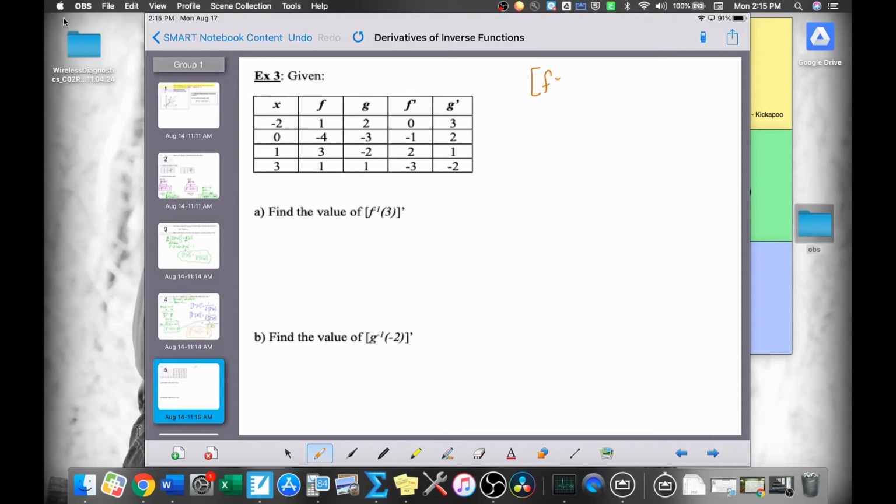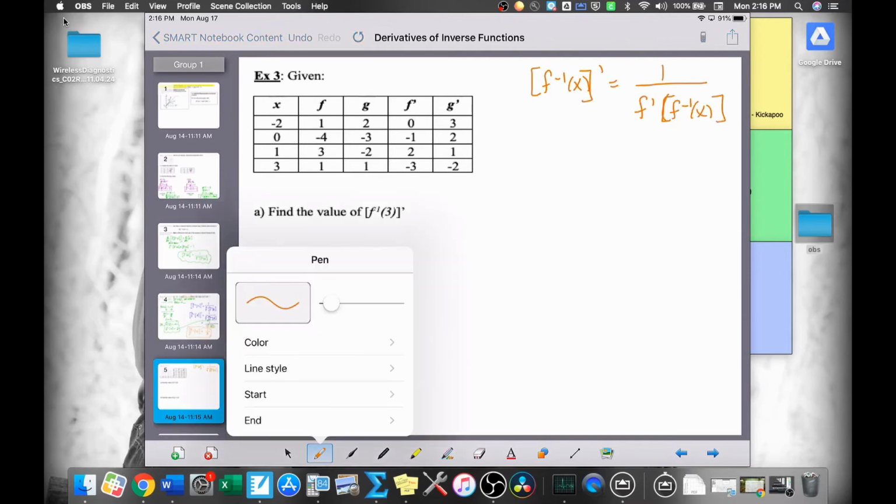We've used it quite a few times already now after deriving it using the chain rule. So f inverse prime is equal to 1 over f prime of f inverse of x. Okay, so that's the formula that we're using.